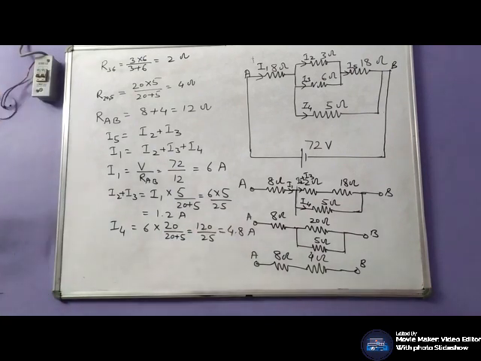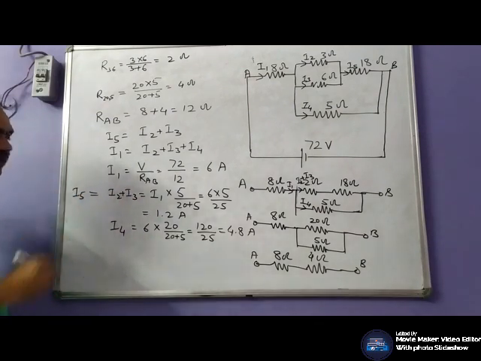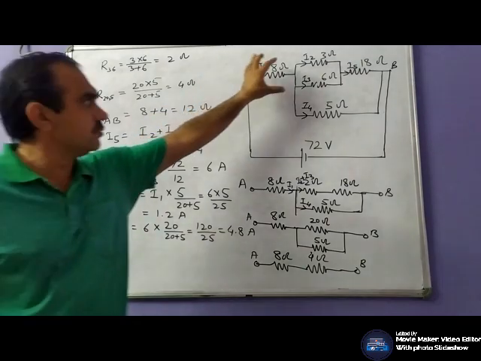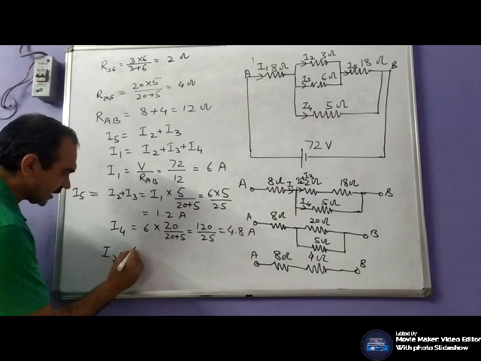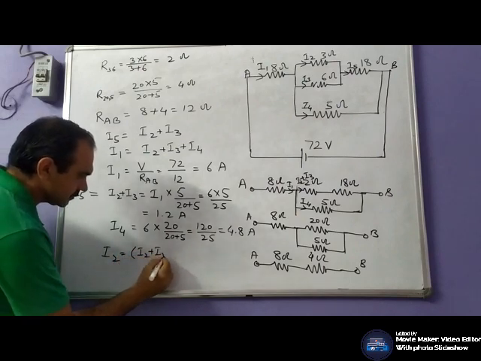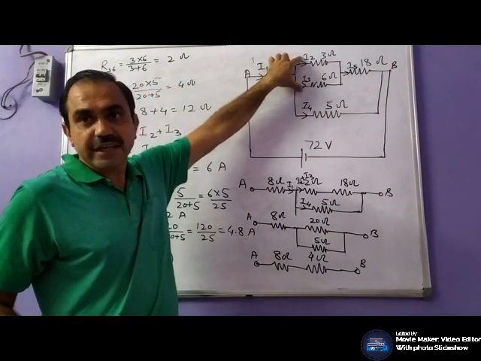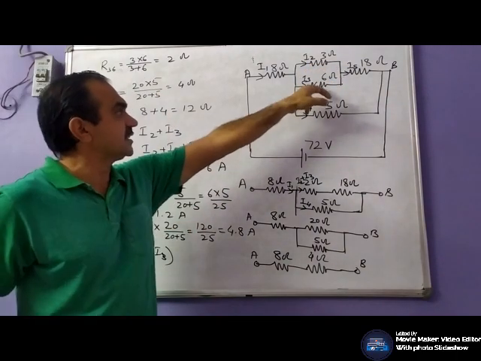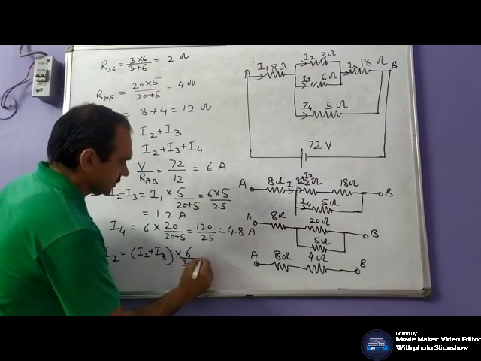Now come to next. You have I2 plus I3 is I5. Now we have to find out only I2 and I3. What would be I2? Total current, that is I2 plus I3 here, times the resistance of the other branch, 6 ohm, divided by 3 plus 6.